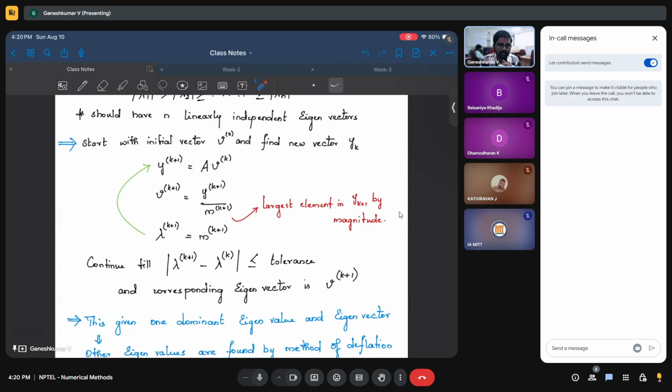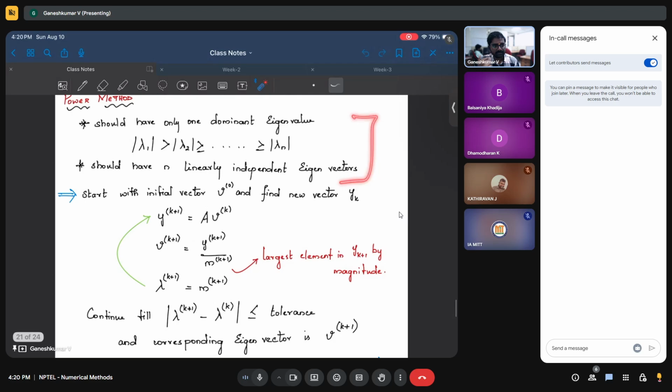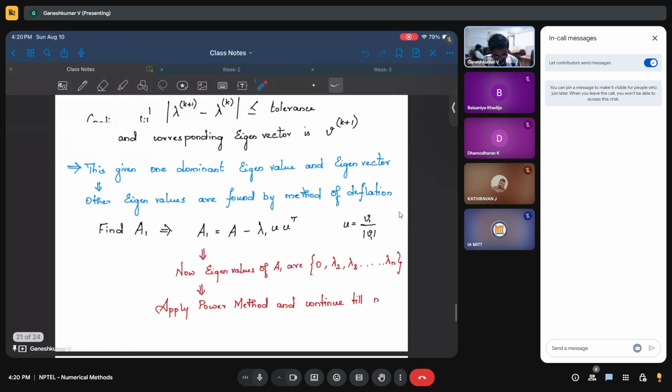Proceeding forward with any more iterations will not improve your eigenvalue. So that will be your eigenvalue, and the corresponding vector that you find, v, will be your eigenvector. So it's much simpler, but it has certain conditions that need to be satisfied before you apply it.